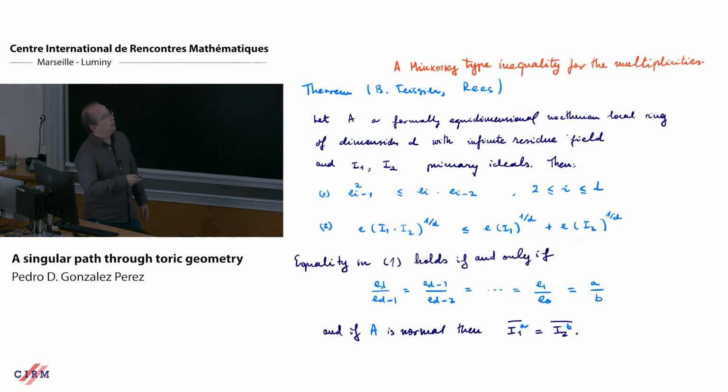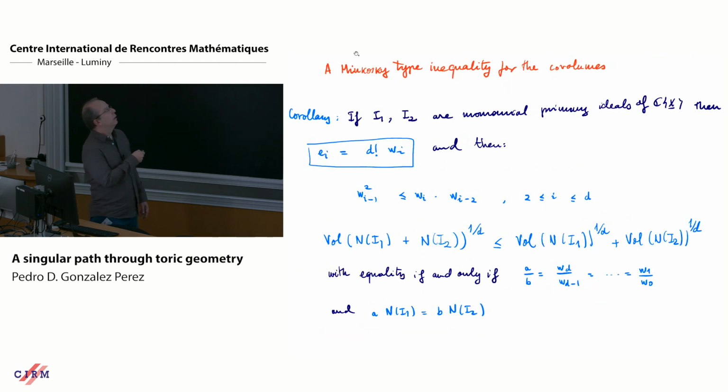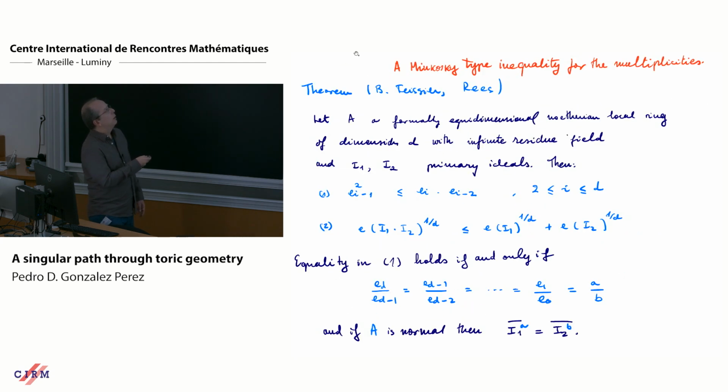And we have, similarly to the case I stated before, a Minkowski type inequality for the multiplicities, which is due to Rees and in part to Teissier, who developed it, and which can be stated in this form.